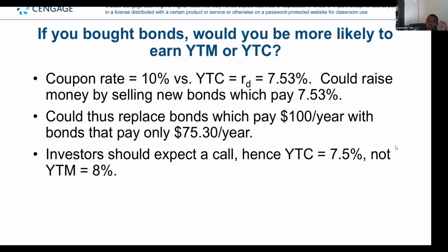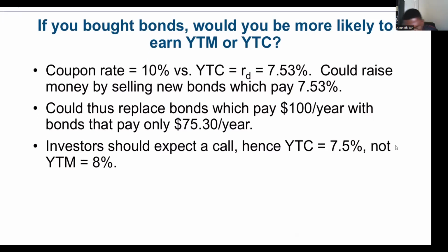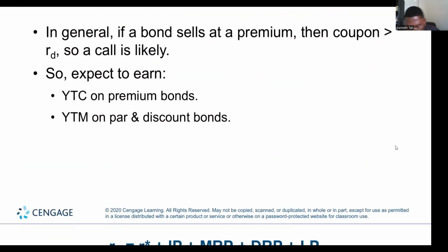So the borrower's return will be yield to call rather than yield to maturity. However, it really depends whether it's a premium or a discount bond. So if it is a premium bond, then you will likely earn a yield to call. But if it is a discount bond, you will likely earn a yield to maturity.